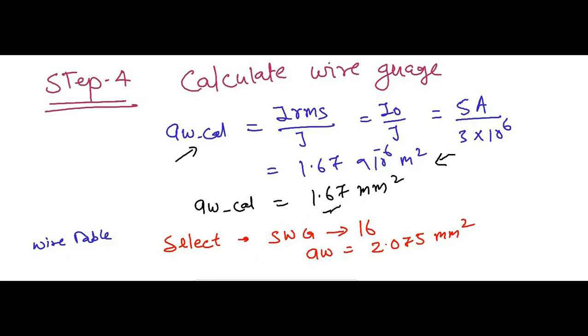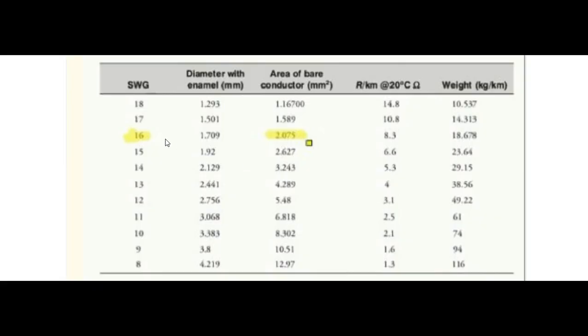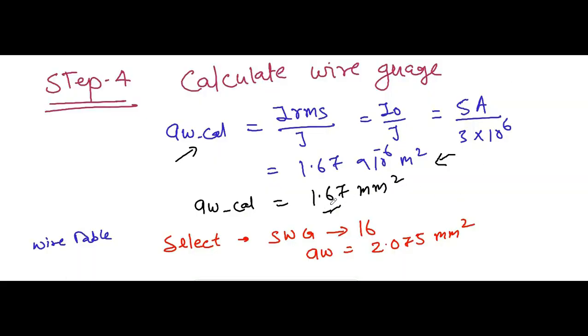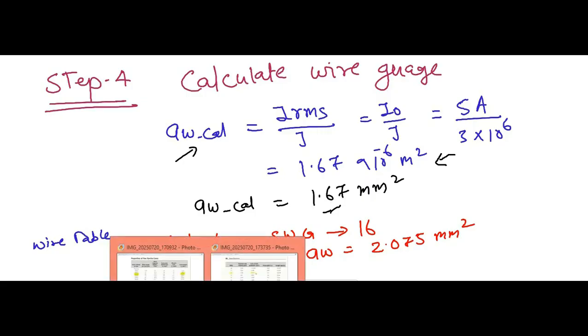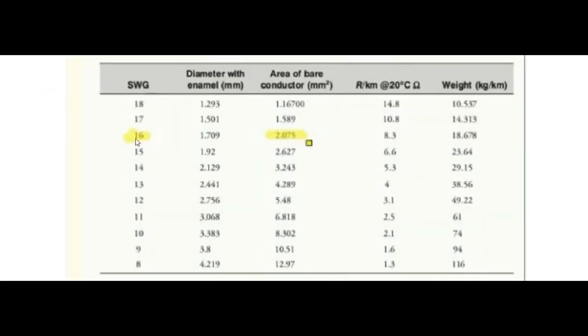So let us go to the wire table. My diameter, the area of conductor, is 0.2.075, and what is my calculated value? 1.67. So I am going to use a value greater than this, so I am going to use the 16 SWG wire gauge.